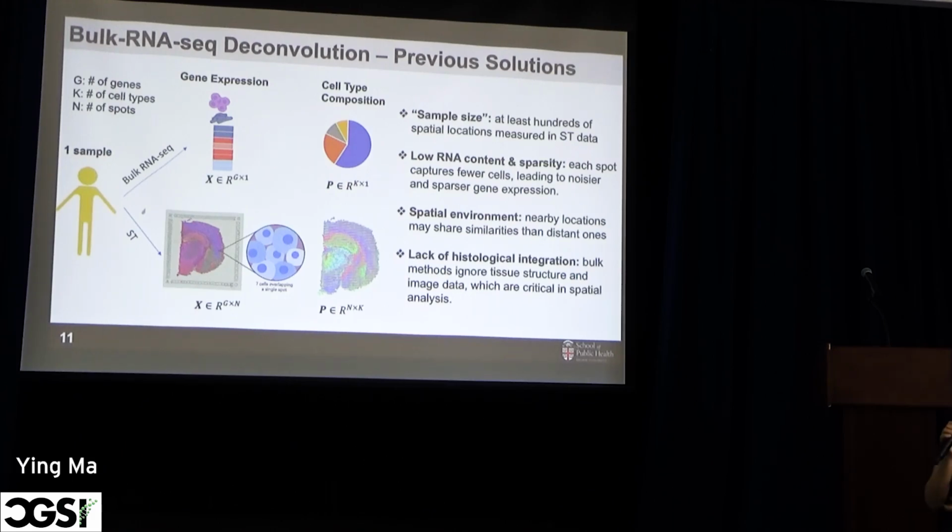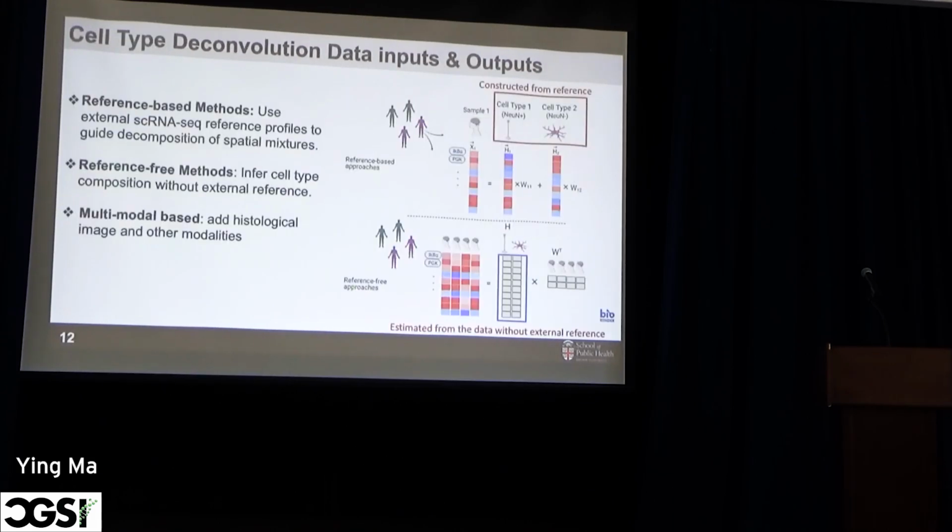All of this makes the previous solutions not work. That's why people started to develop cell type deconvolution methods specifically for spatial transcriptomics, because the previous deconvolution methods failed. Based on the different data types, inputs, and outputs, we can categorize current deconvolution methods into three categories.